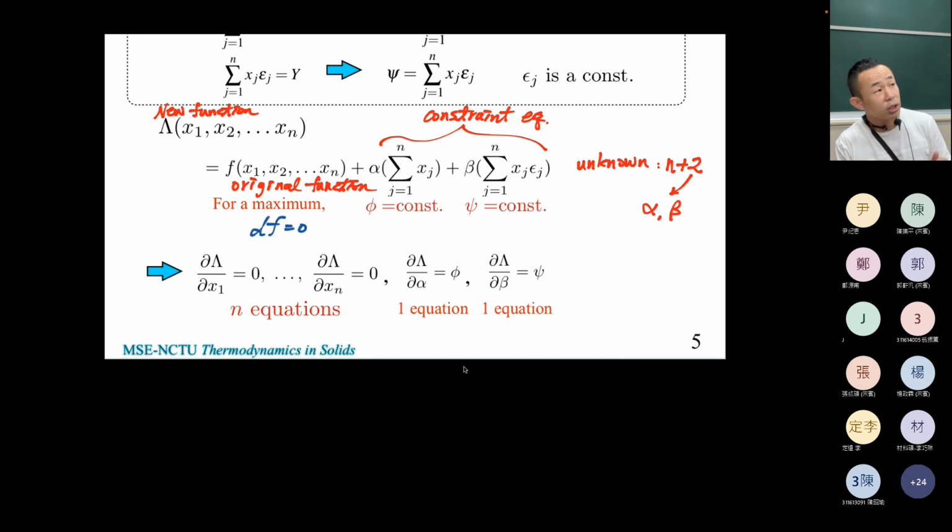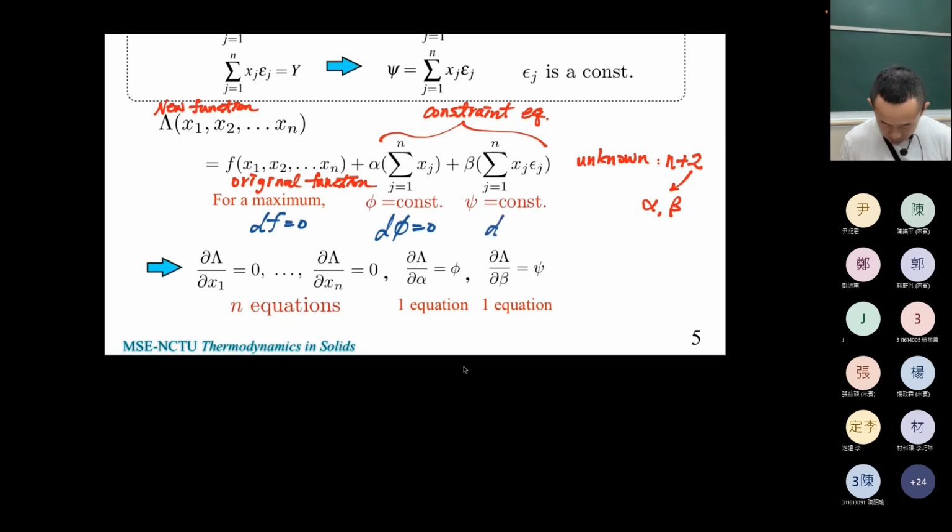And because the set of x needs to satisfy the constraints as well, phi equals a constant. You do the differentiation and it becomes 0. No problem, and the same for the second constraint equation.